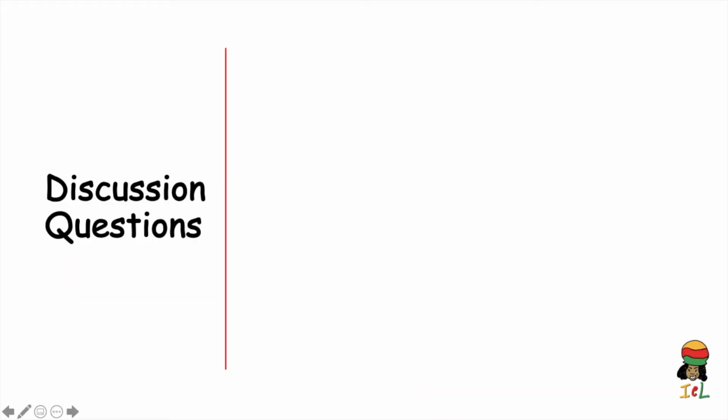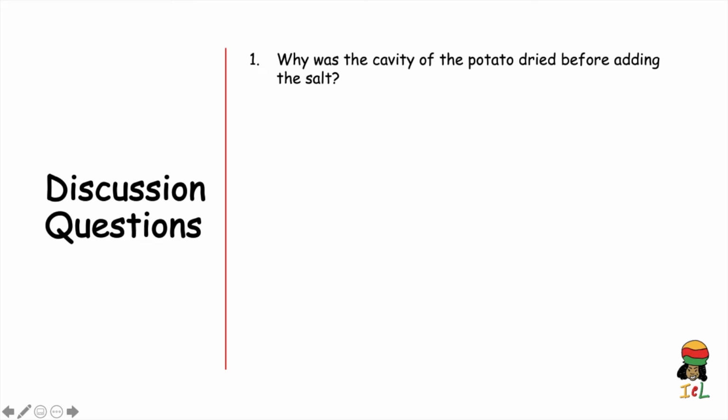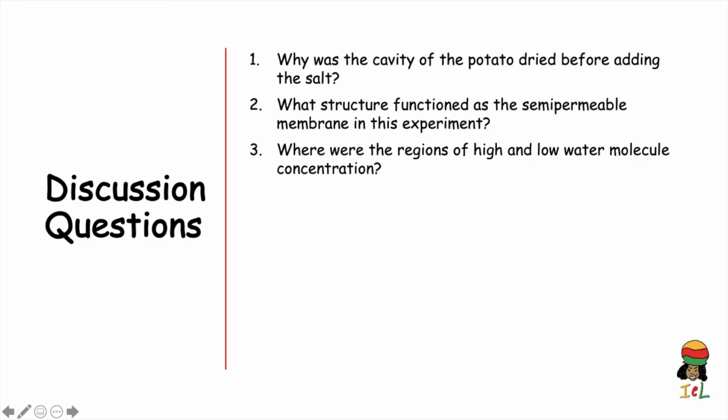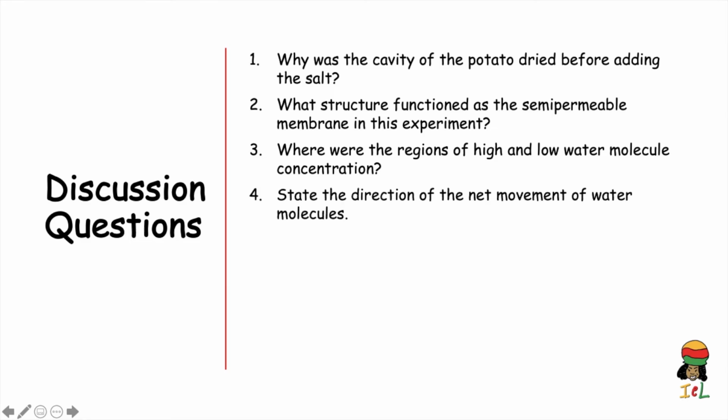We will present 7 questions which you can use as a guide for writing a good discussion for this experiment. In fact, we have answered most of them, if not all, already. So question 1. Why was the cavity of the potato dried before adding the salt? 2. What structure functioned as the semi-permeable membrane in this experiment? 3. Where were the regions of high and low water molecule concentration? 4.